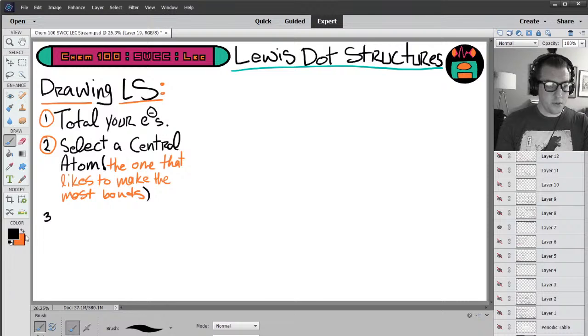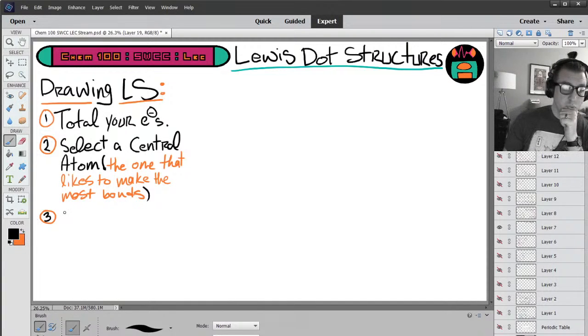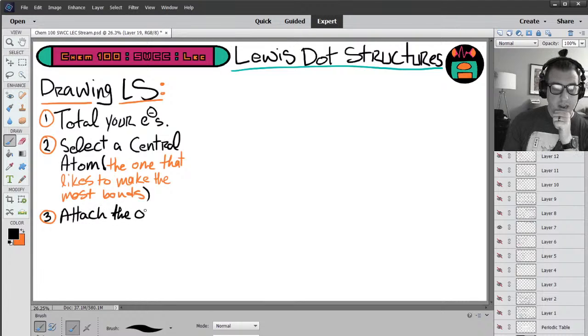Step number 3. We're going to attach the other atoms to the central.